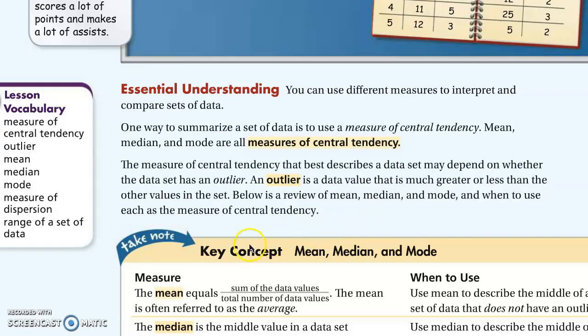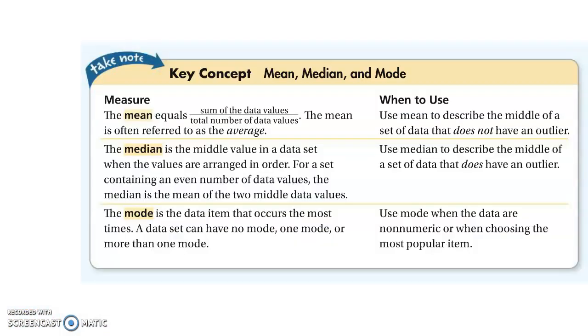Okay, so let's go ahead and look at some of the key concepts for mean, median, and mode. Here we should take note of a few different ways that we can find measures of central tendency. The first thing we're going to talk about is the mean. Another word for the mean is more commonly known as an average. This is just a typical average where you add the numbers together and divide by the number of data points that you have.